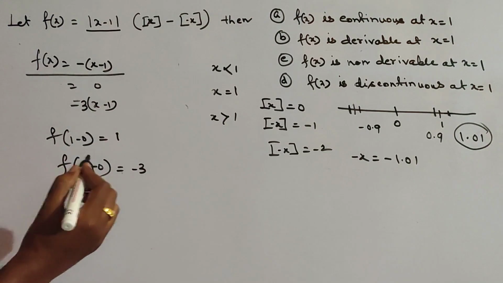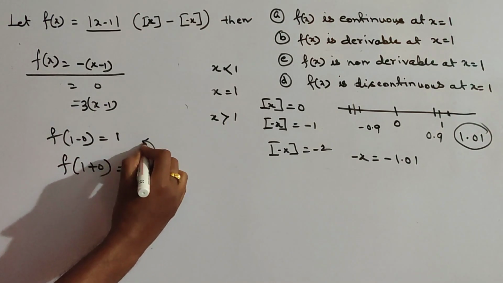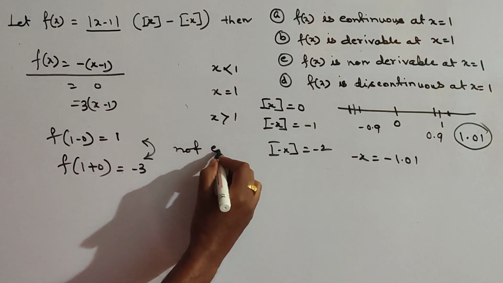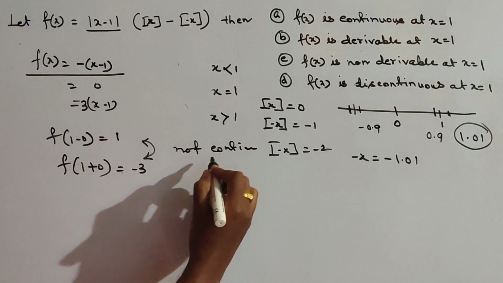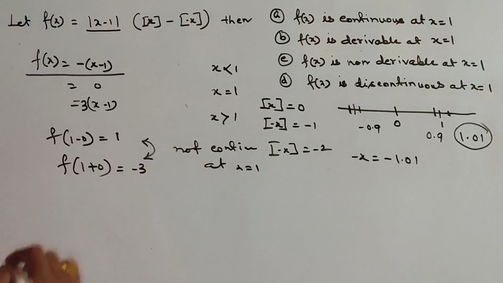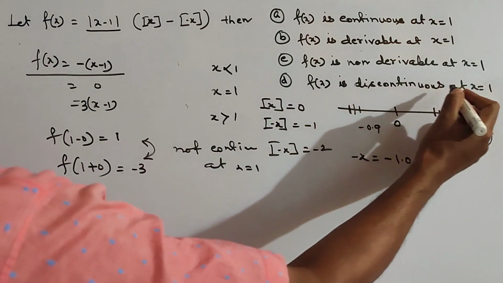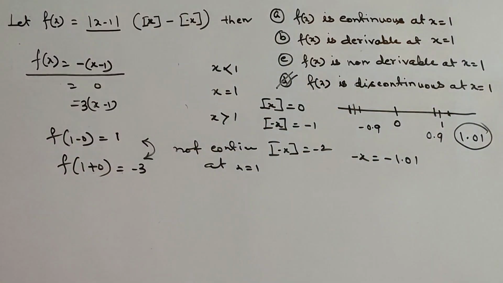Right? So these are not equal, that is the function is not continuous at x equal to 1. So our correct option is f(x) is discontinuous at x equal to 1.